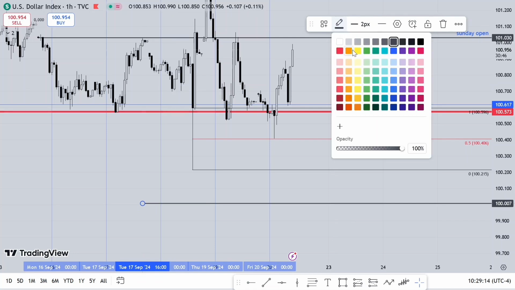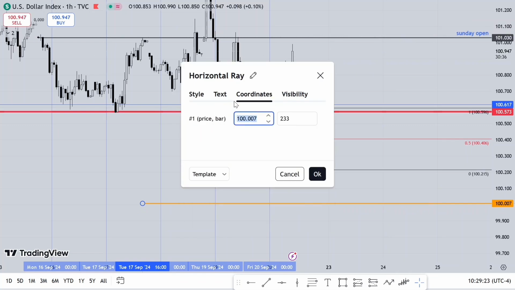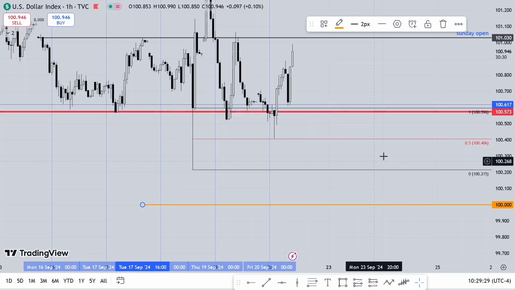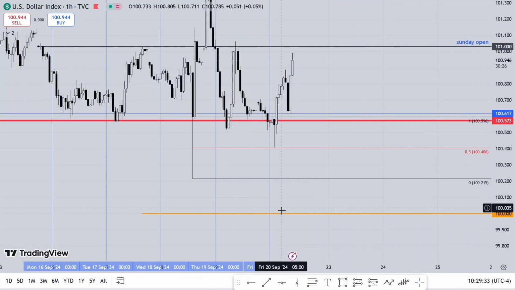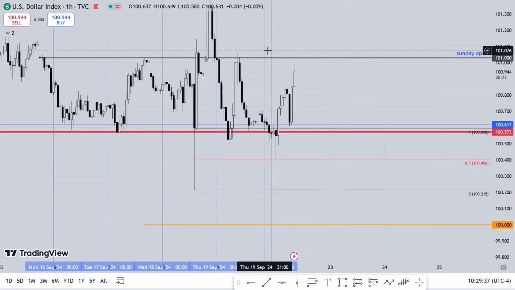So let's make this a golden color. I think there's an orange color, I don't know. So this is our target for the dollar. We might get to it this week or probably on Monday's trading. But we do not want to see bodies close above this Sunday's opening price.